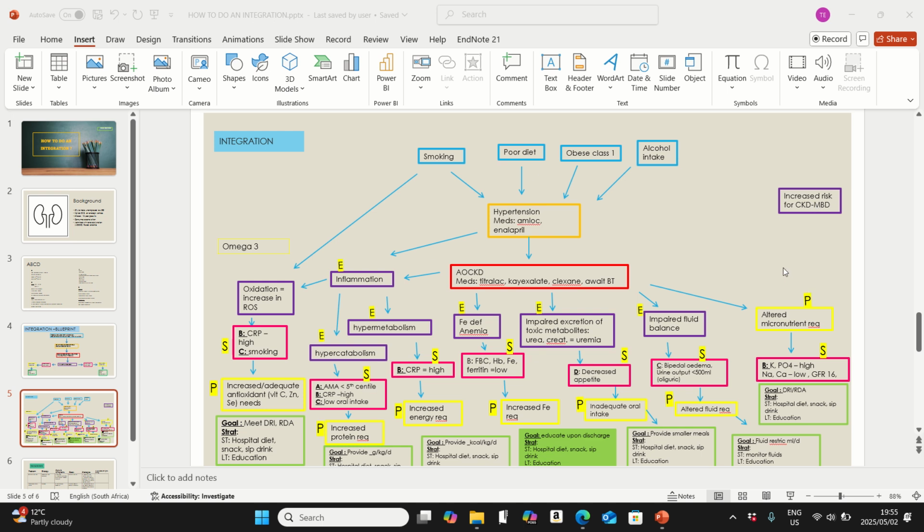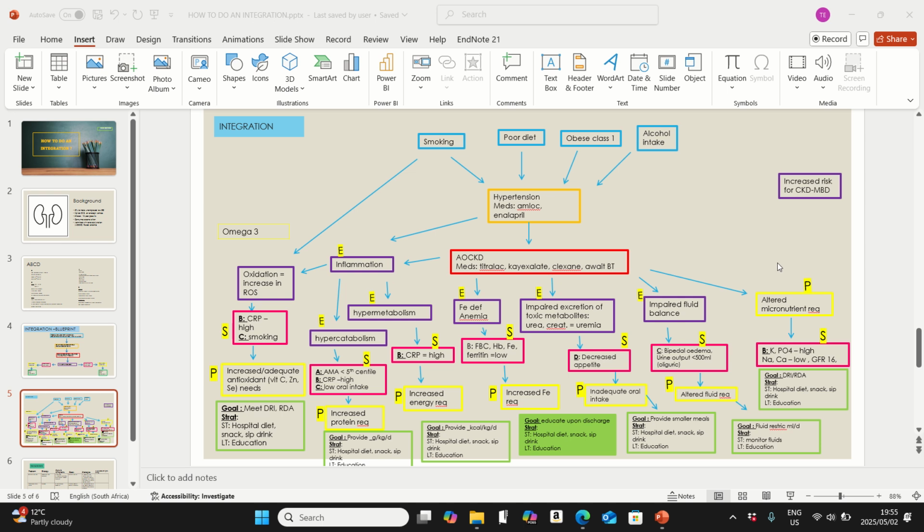So I'm going to start on the left hand side. We have inflammation. We had underlying inflammation because of the hypertension. Remember, because of hypertension, there's a high rate of blood flow in your blood vessels.